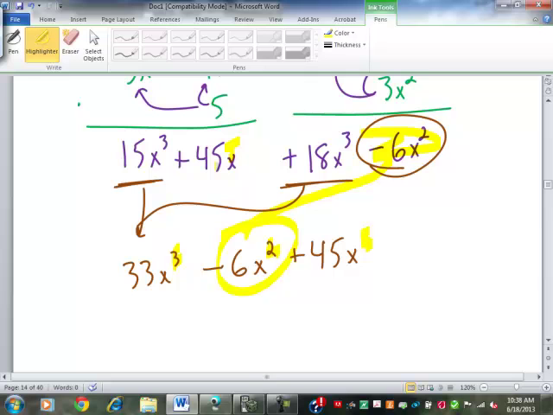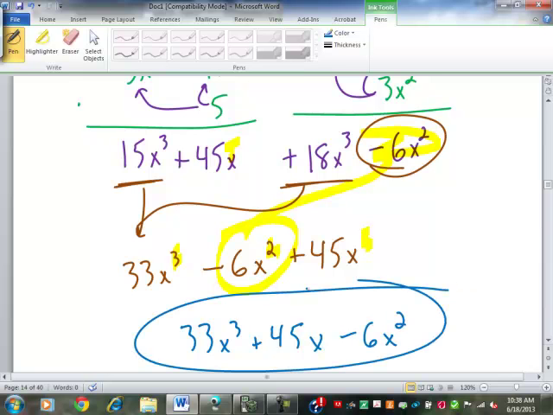Now that's just a grammar issue. If you were to write this answer as 33x to the third plus 45x minus 6x squared, there's absolutely nothing wrong with that. It's just one of those grammar things where we prefer to see it in that form.